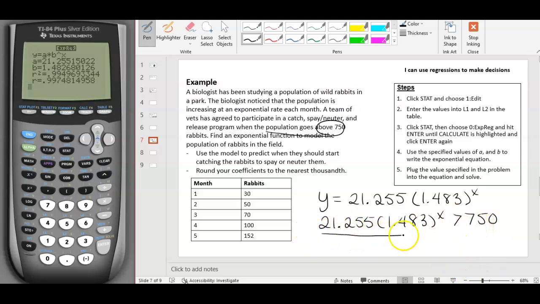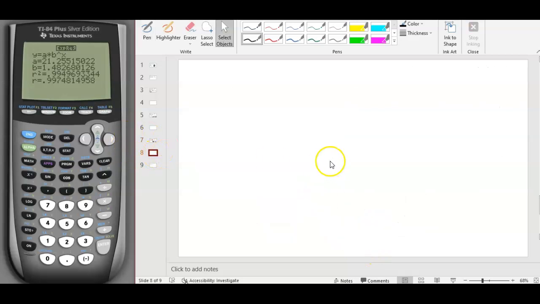Well, I'm going to start off by getting that exponential term by itself. So to do that, I'm going to divide both sides by that 21.255. Okay, so when I do that, all I'm left with on the left is that 1.483 to the x.